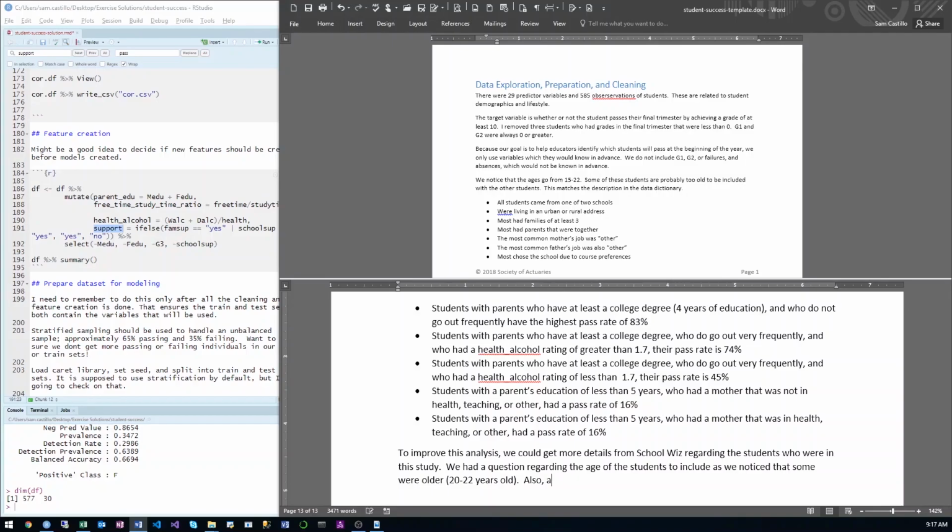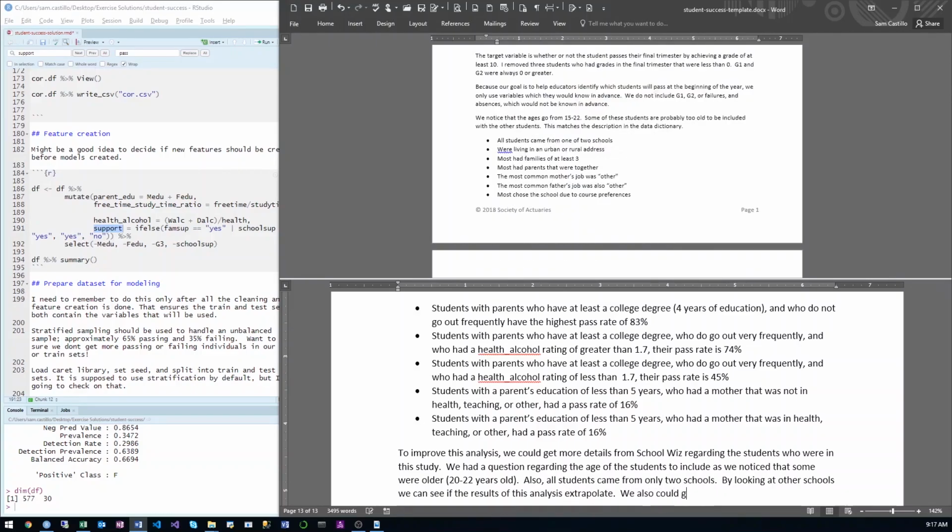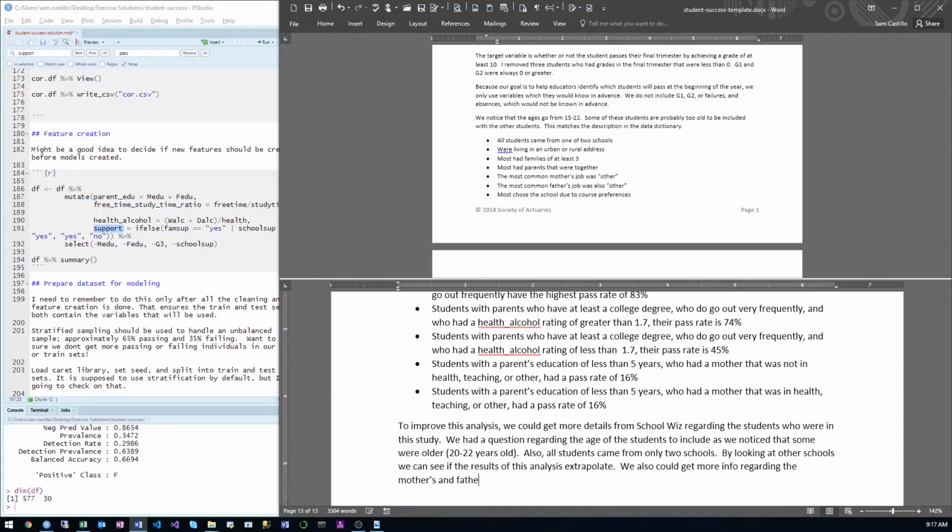Also, all students came from only two schools. By looking at other schools, we can see if the results of this analysis extrapolate. We also could get more info regarding the mothers and fathers' job status, which was most frequently other.